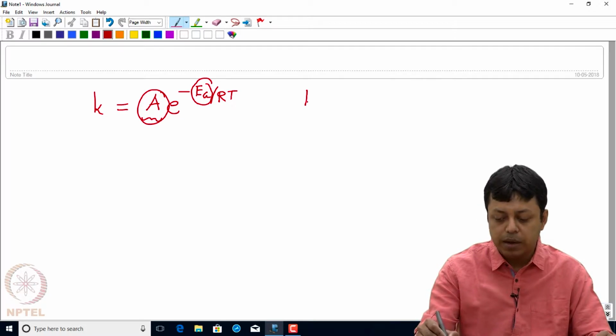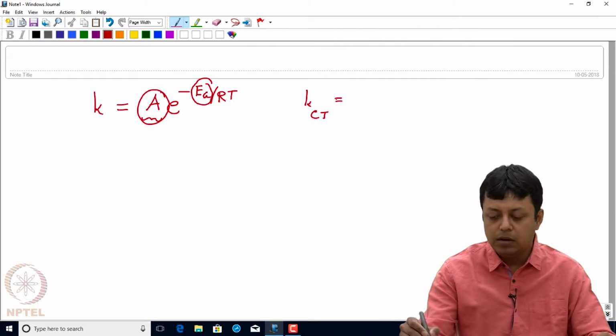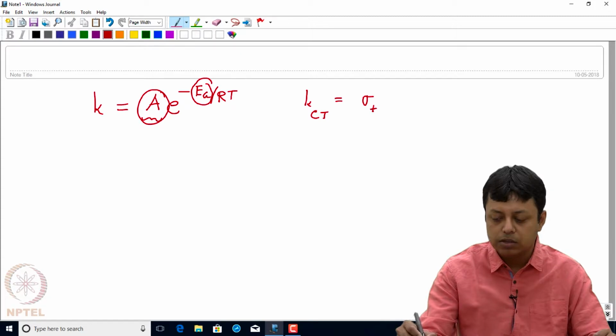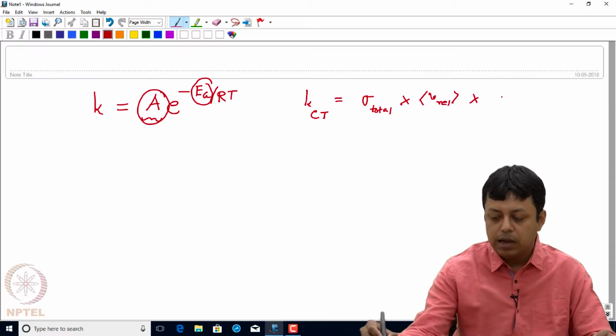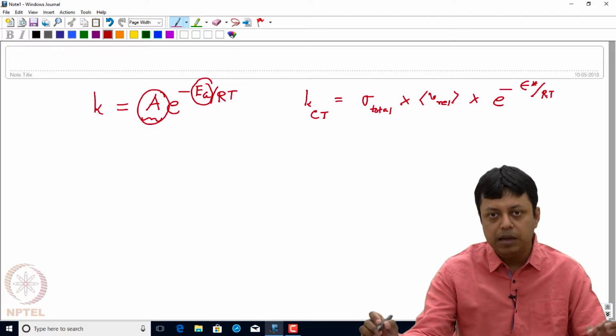And also, just to remind you, from collision theory, which we did not derive in this course but which is derived in the earlier version of this course, the expression will be something like the total cross section times the average of the relative velocity times e to the power minus E star by RT, where E star is the minimum energy in the potential energy surface that we cross.